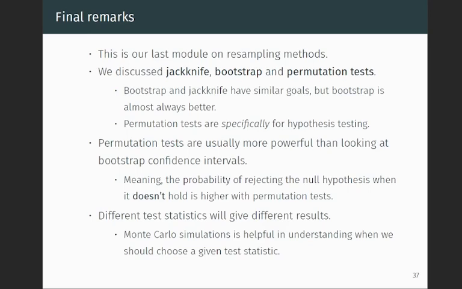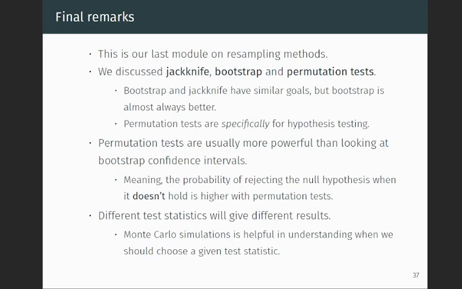It's a way to compute p-values without making assumptions about the distribution of the data. Permutation tests are usually more powerful than just looking at bootstrap confidence intervals. And what I mean by this is that the probability of rejecting the null hypothesis when it doesn't hold, in other words, power, is typically higher with permutation tests than with bootstrap confidence intervals.